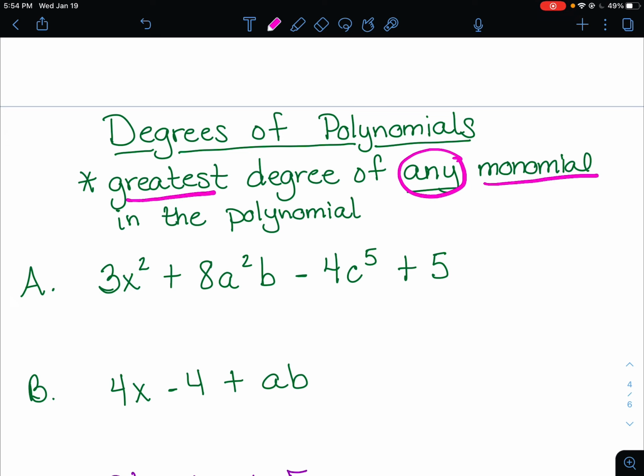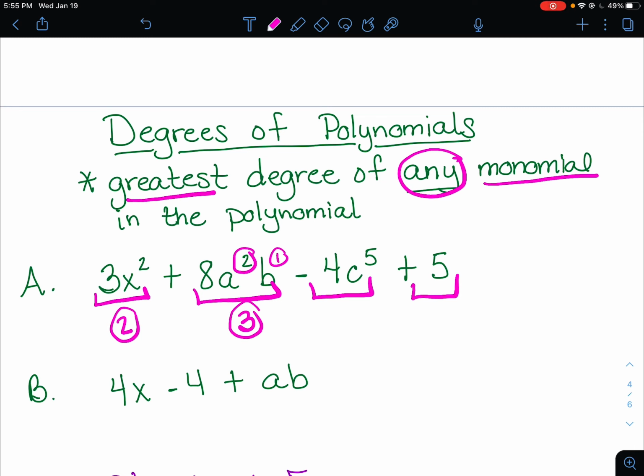However, we can't go any more specific because this here has 4 terms. Okay, so let's look at the first term. This has a degree of 2 because we're just looking at the variable. This one has a degree of 3. This one has a degree of 5. And this one has a degree of 0.